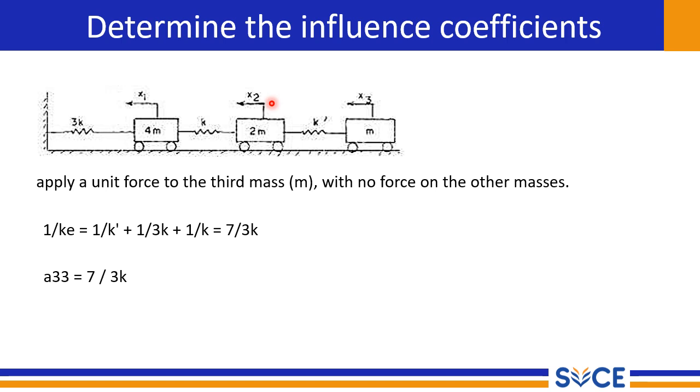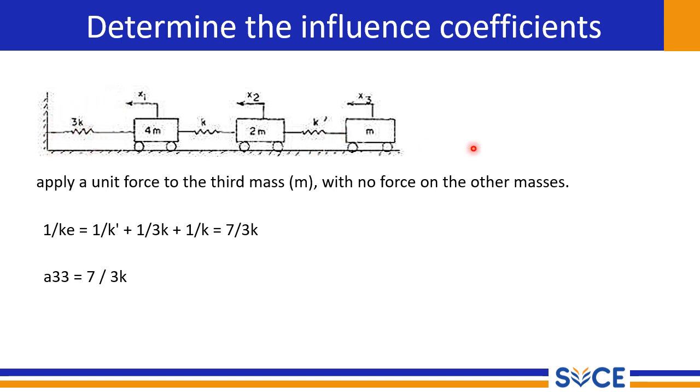Finally, we apply a unit force to the third mass with no forces on the first and second masses. Since the springs are connected in series and this is the last mass, we have to take into account all the springs. The unit force on the third mass extends the spring with stiffness k, another spring with stiffness k, and the spring with stiffness 3k.